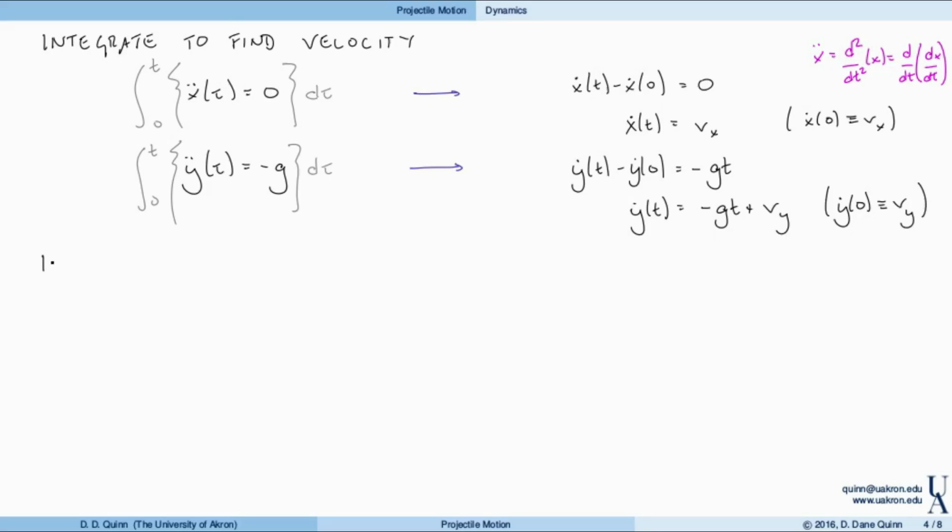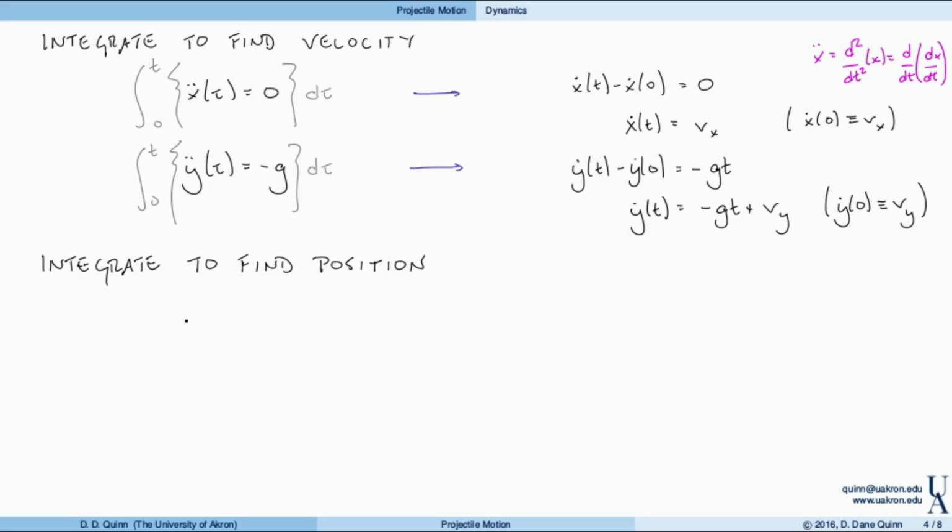Well, we'll do this again to find position. We go from acceleration, we integrate to find velocity. We take the velocity and we integrate to find the position.